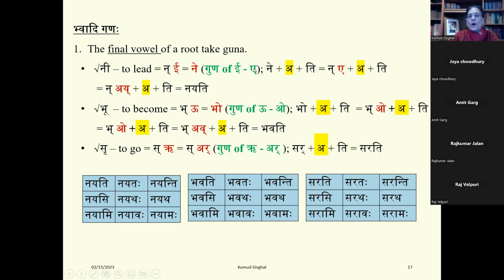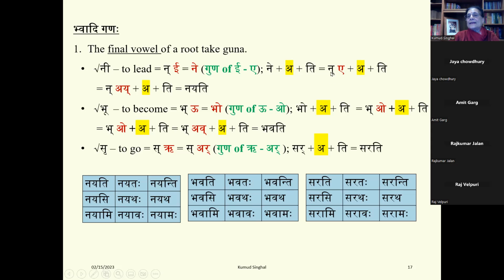Now, when you form the verb, ne plus a is your gana affix, and then you add the verbal suffix ti. So now ne plus a plus ti. Here ayadi sandhi will take place.